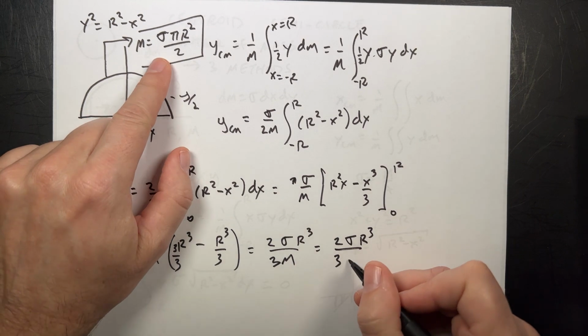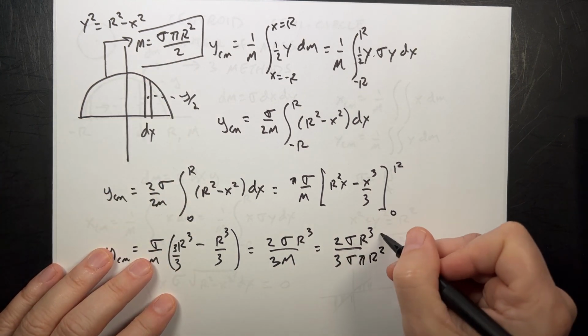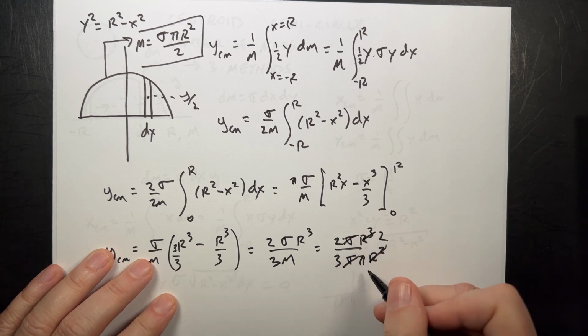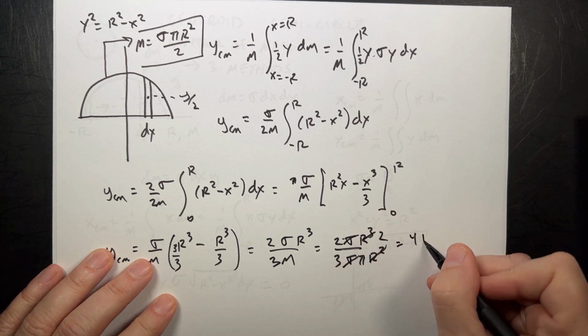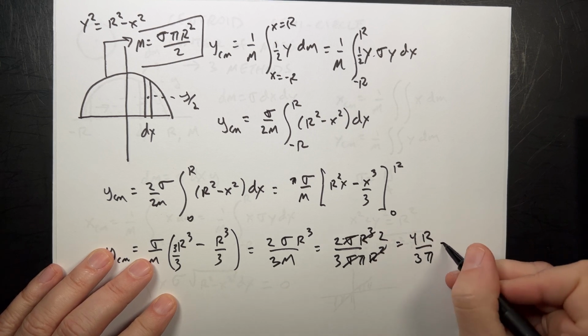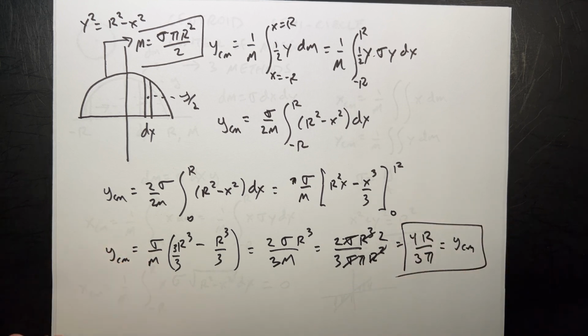Now I'm going to put in this sigma pi r squared over 2. So I'll put the 2 up here. So the sigma cancels, some of those cancel, and I get 4r over 3 pi. And that's my y center of mass. That was fun. Okay, let's do it again.